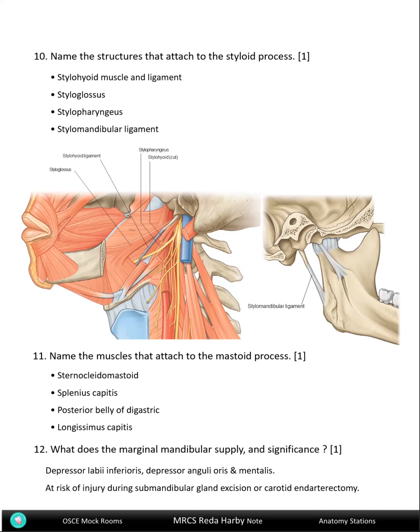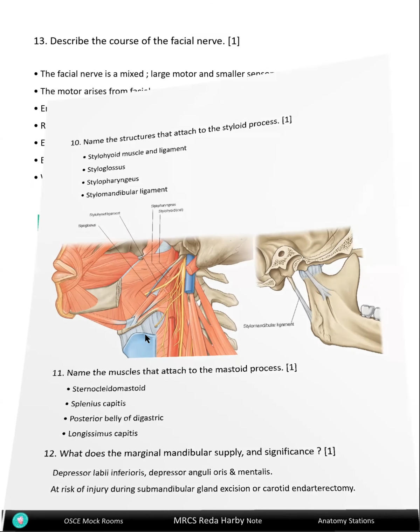It is at risk during submandibular gland surgery and/or carotid endarterectomy, and the result will be drooling of saliva while you are smiling, dropping of the corner of the mouth, and failure to smile. Why? Because of these muscles, the anguli, the movement of the angle of the mouth.